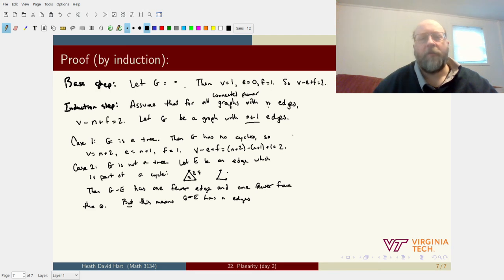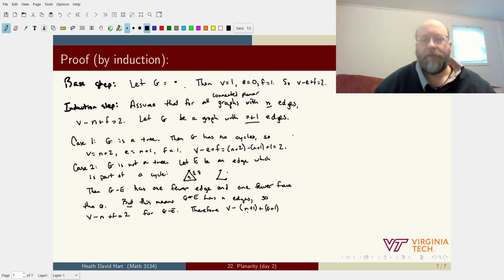And for all connected planar graphs with n edges, vertices minus n plus f equals 2. So vertices minus n plus f equals 2 for G minus E, and therefore vertices minus (n plus 1) plus (f plus 1).